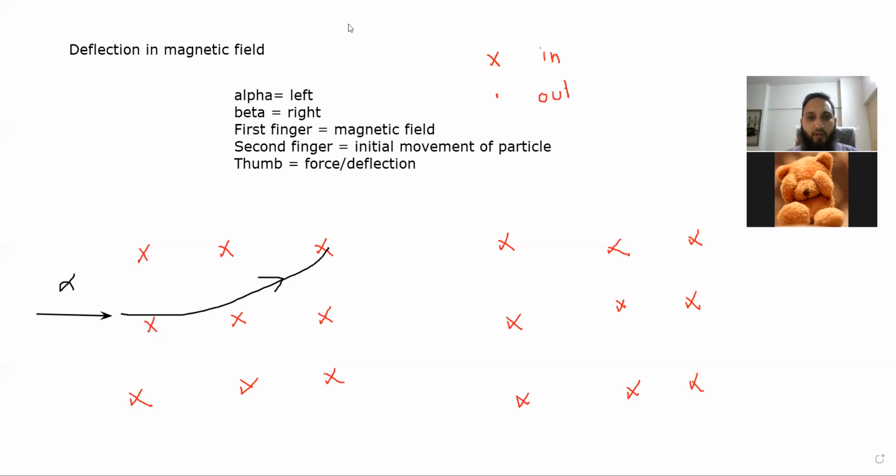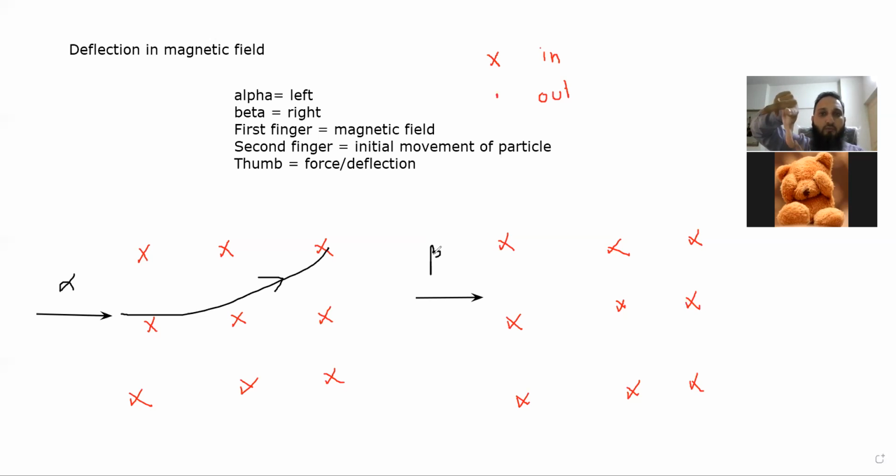If it is a beta particle, the same, but instead of left, you will use the right hand. Your first finger should point towards south. So cross means into. My first finger should point into. But my second finger should point in the direction of beta. Beta is not moving towards left, it is moving towards right. So my second finger should point towards the right.